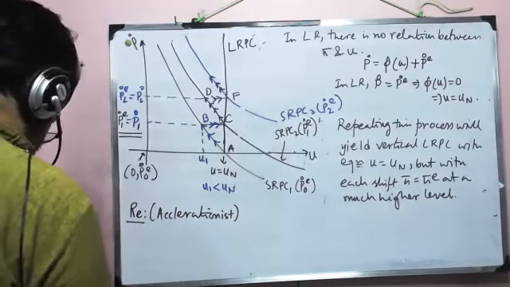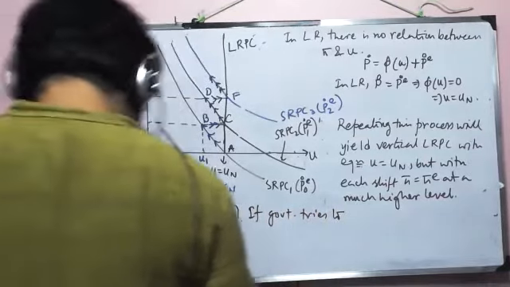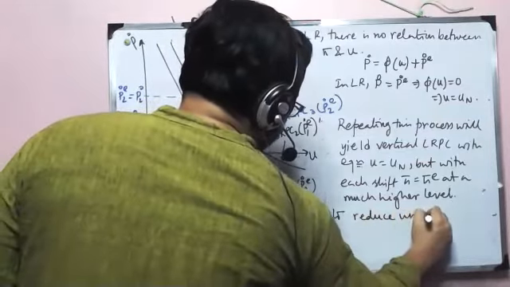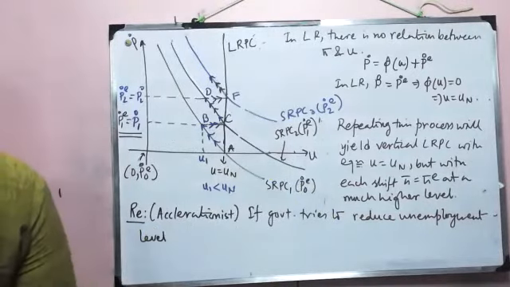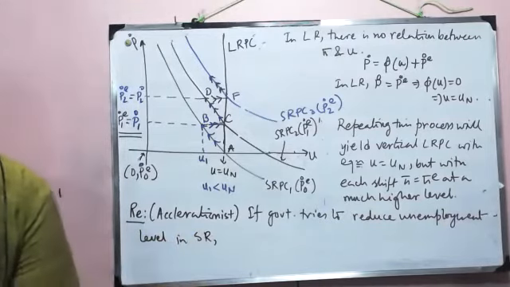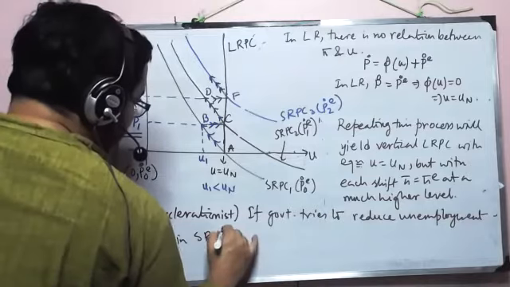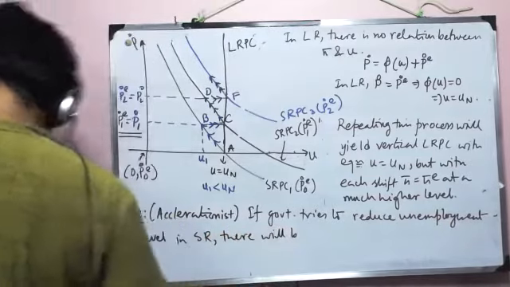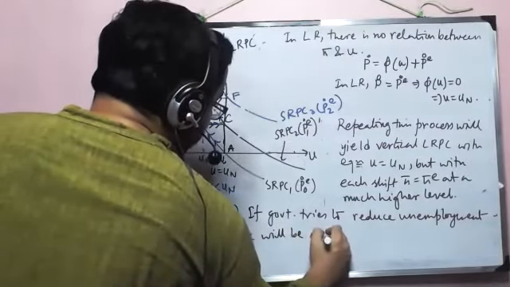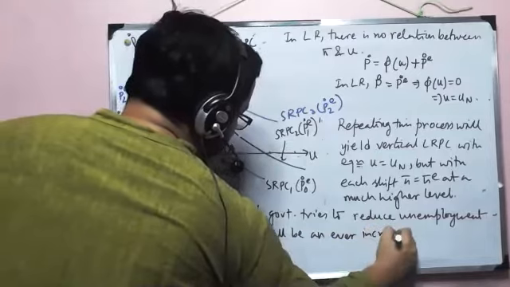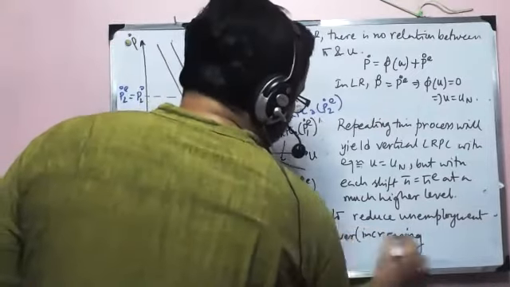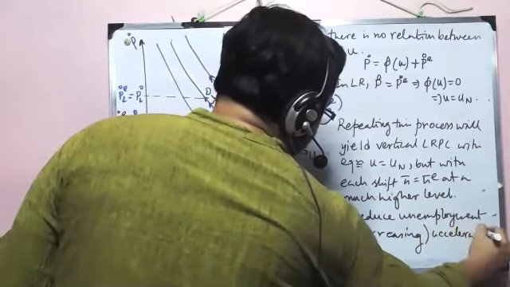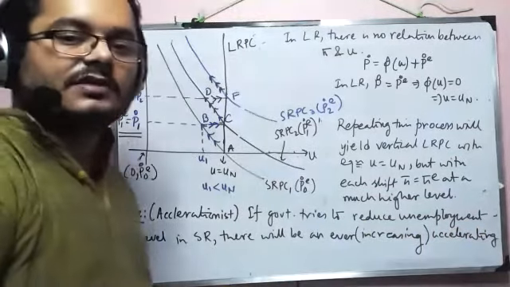It says, if government tries to reduce unemployment level in short run, there will be an ever increasing, or here we'll write ever accelerating, because price change, then the change in price change is inflation change.